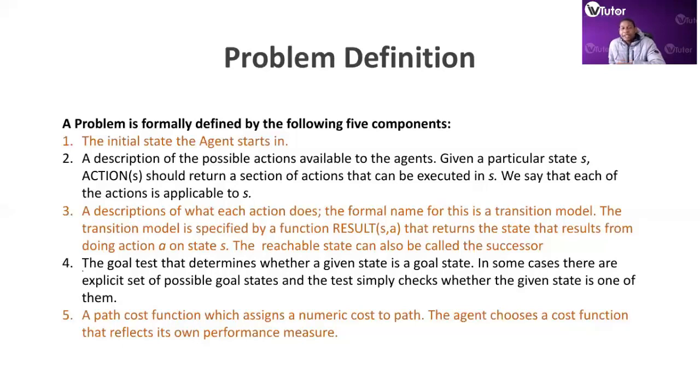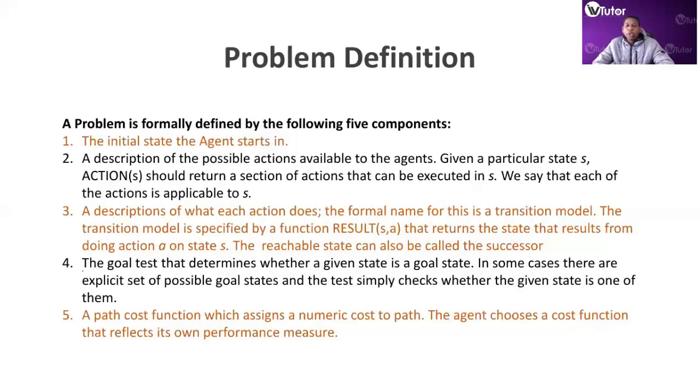If you're given a particular state S, the action S should return a set of actions that can be executed in S. So it brings back all the possible actions that can be taken in S. Then number 3, we need a description of what each action does.